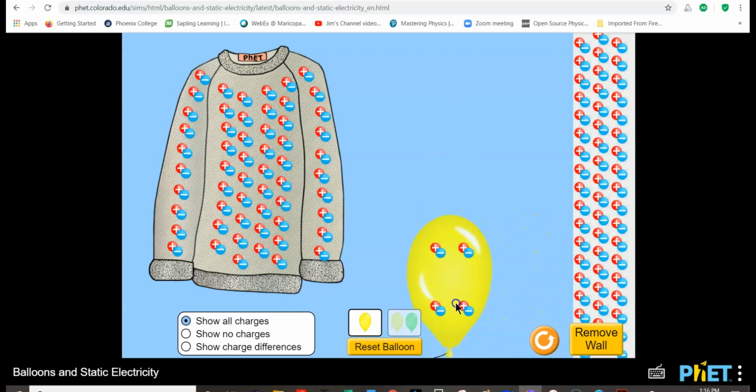Okay, so something really interesting is going to happen here. Now, I want you to try to see if you could induce the rule from this. Notice the locations of the protons and the locations of the electrons over here. When I rub this balloon against this wool, which charge do you think I'm going to gather, the protons or the electrons?